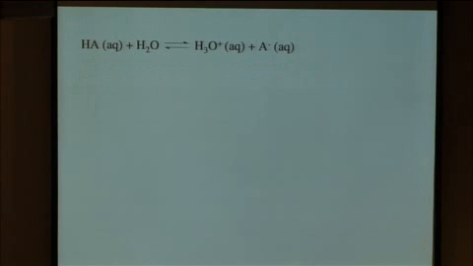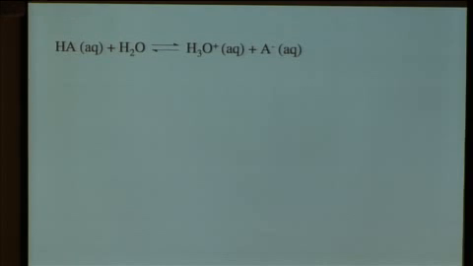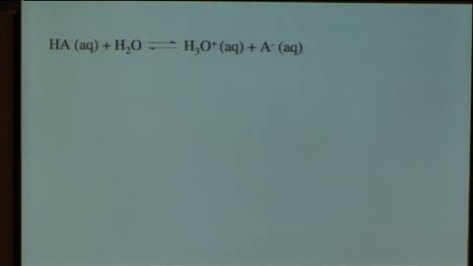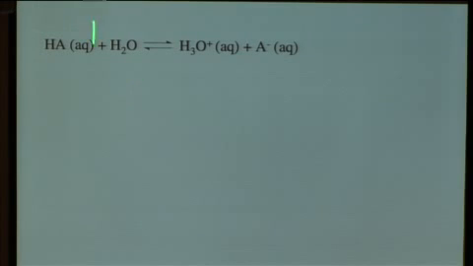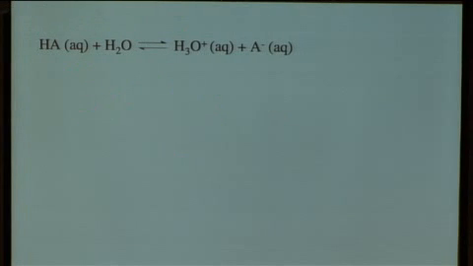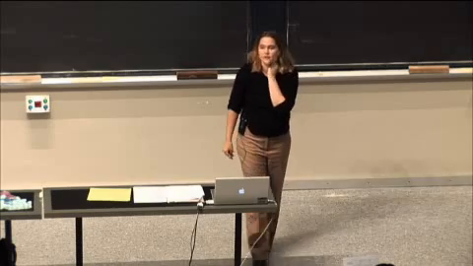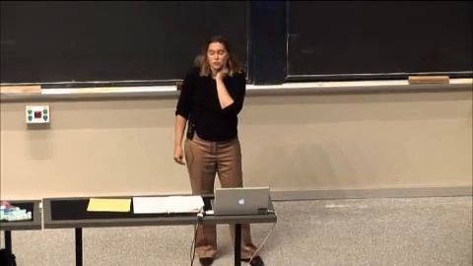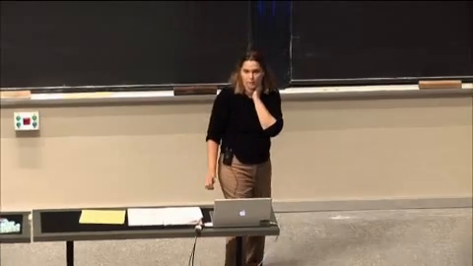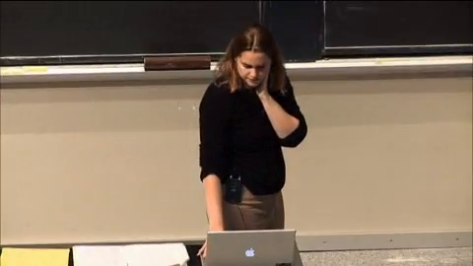So here is a generic equation for an acid in water. We have our acid HA in water forming hydronium ions and our conjugate base. And now we're going to do a little derivation to come up with an equation that will be useful to you in thinking about buffers and designing buffers.